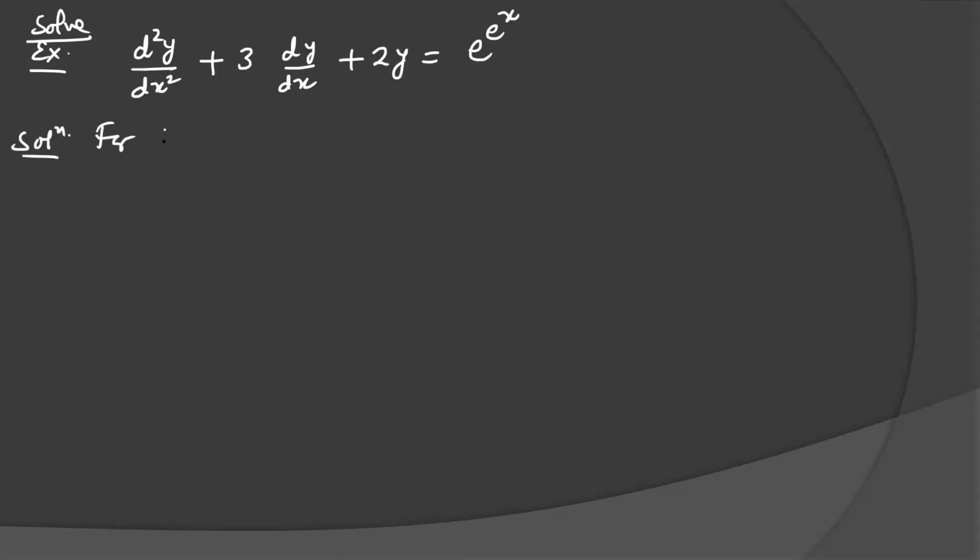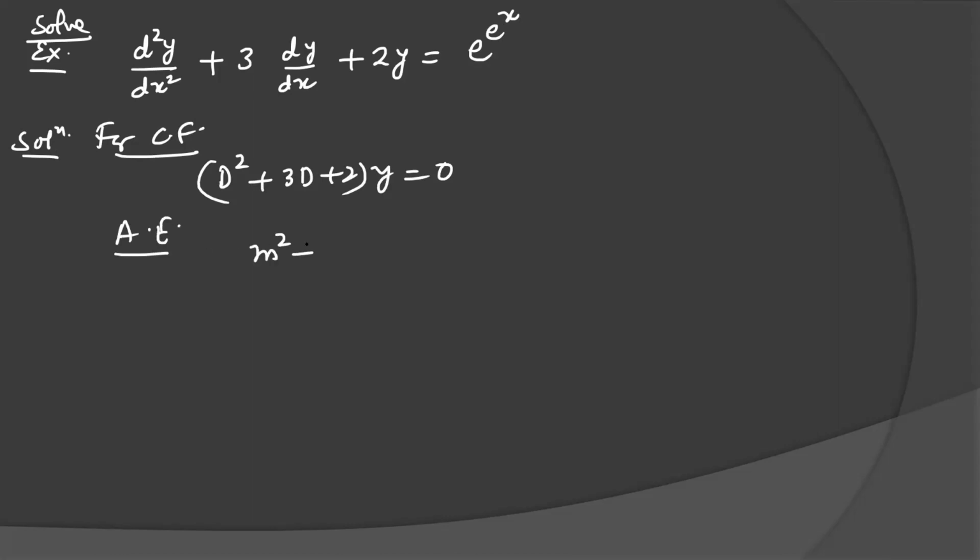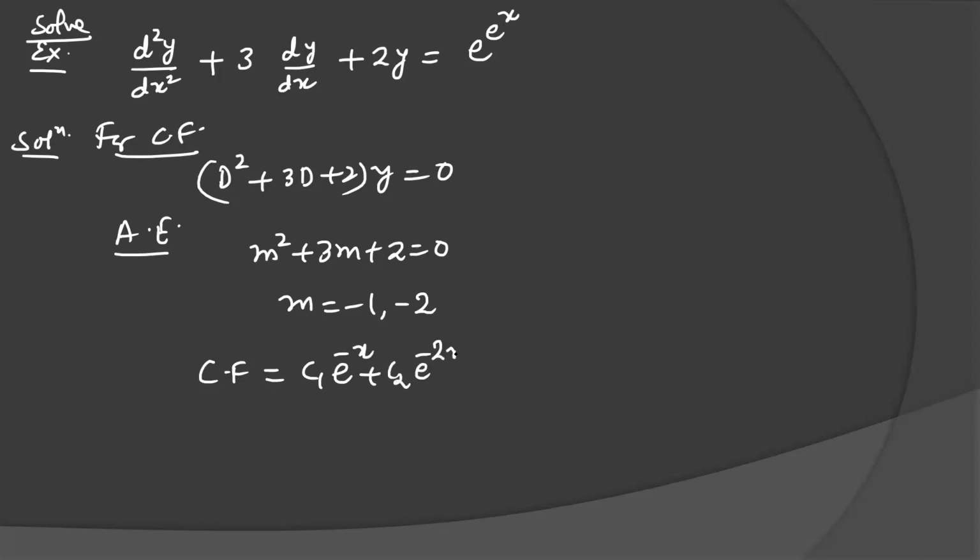For CF, we will write the corresponding homogeneous equation, that will be D square plus 3D plus 2 y equal to 0. Auxiliary equation is m square plus 3m plus 2 equal to 0. So m equal to minus 1, minus 2. So CF is equal to C1 e to the power minus x plus C2 e to the power minus 2x.